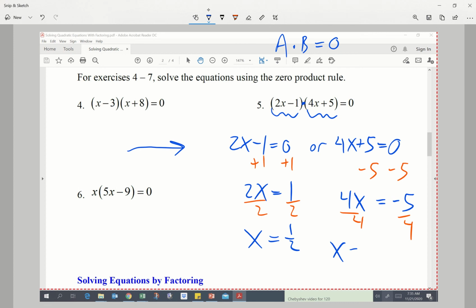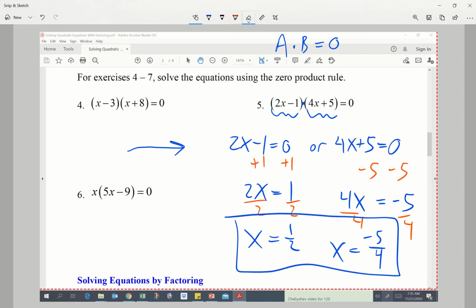And this would give us x equals negative 5/4. So as it turns out, this equation has two solutions. Those two solutions are x equals 1/2 and x equals negative 5/4.